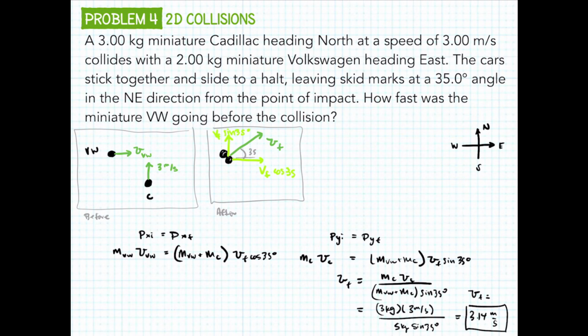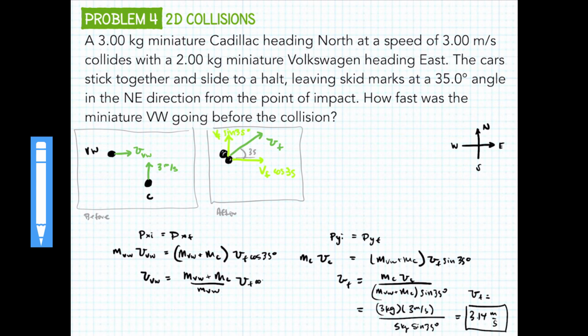We plug that back in over here to solve for the Volkswagen. So that would be total mass over mass of the Volkswagen, V final cosine 35. So that's going to be 5 over 2, 3.14 meters per second cosine 35.